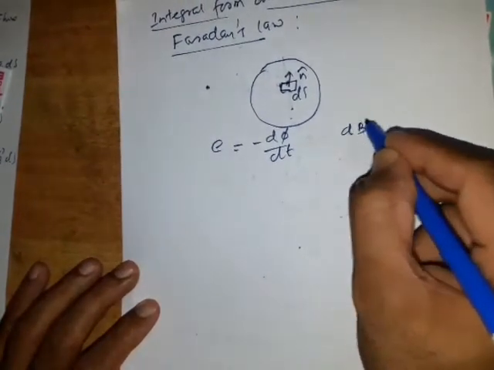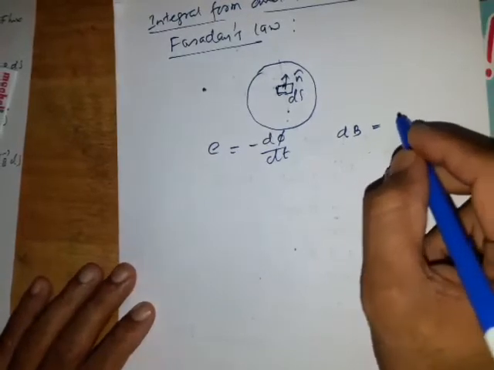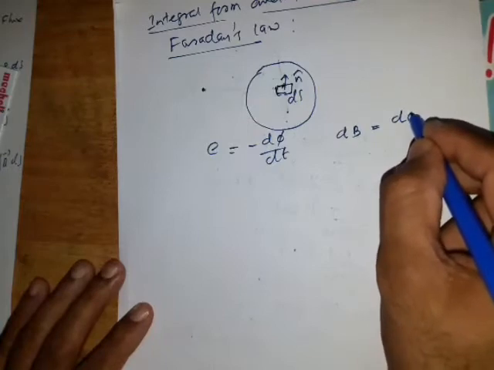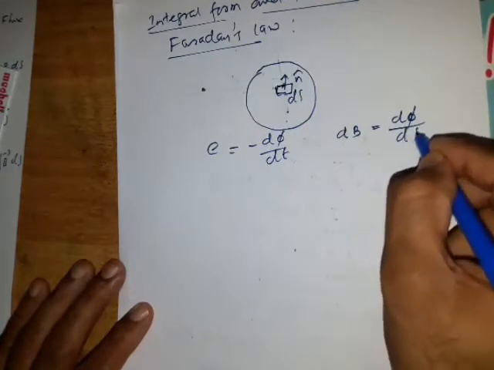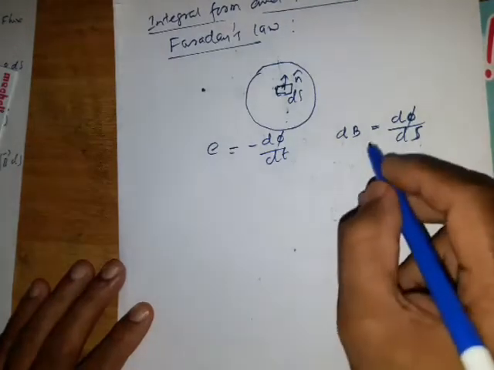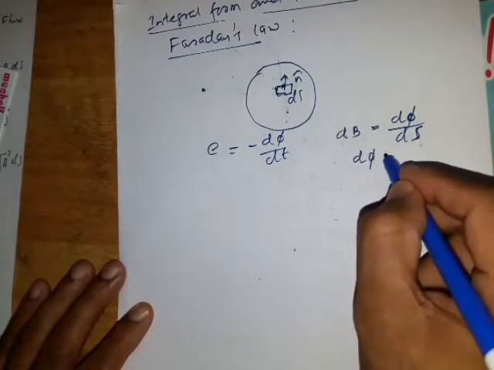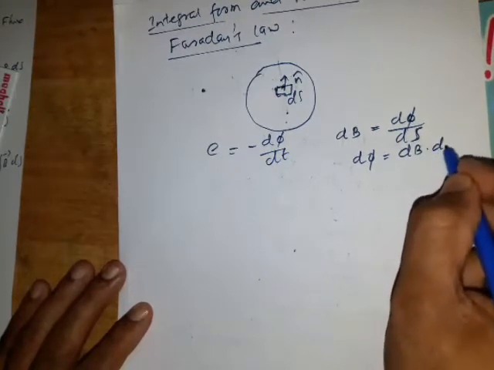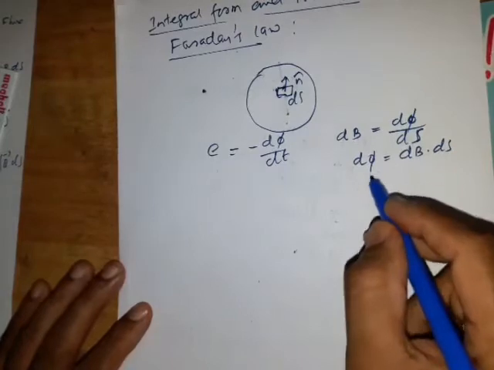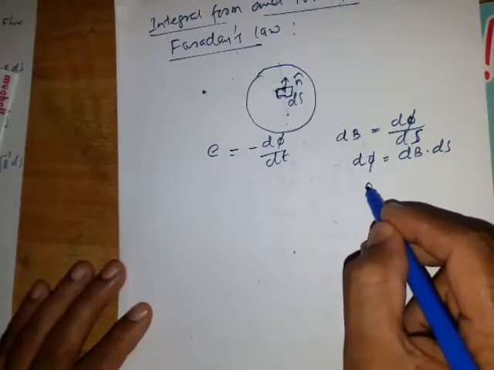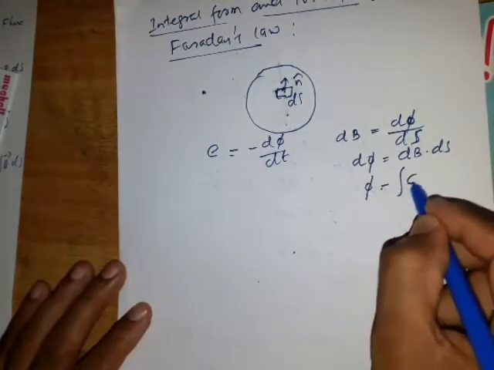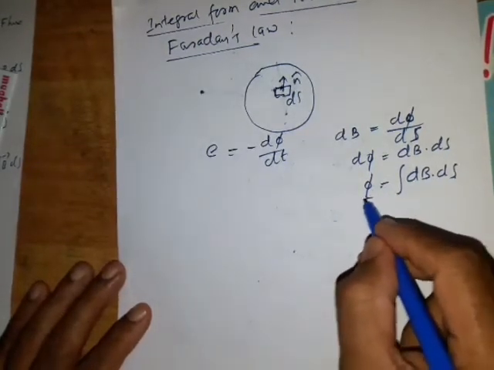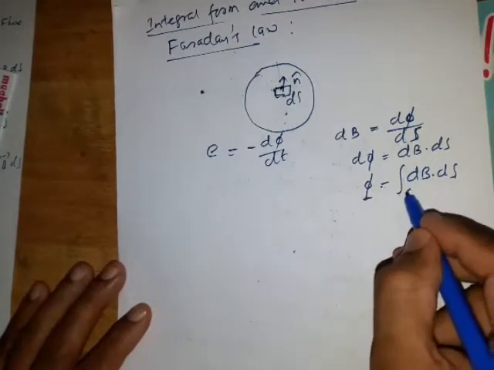You can write B is equal to d phi by ds, or d phi is equal to B into ds, or we can write phi is equal to the surface integral of B dot ds. So whenever there is phi, I can substitute this surface integral.